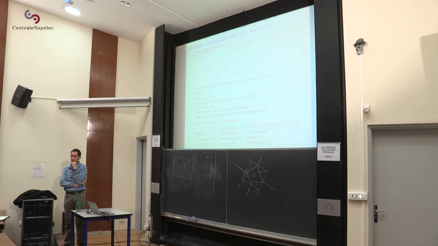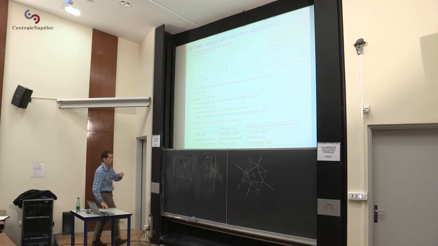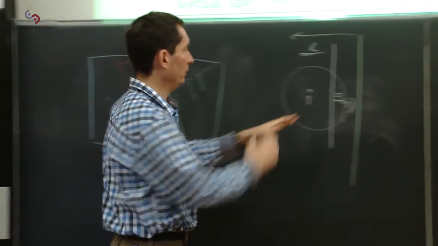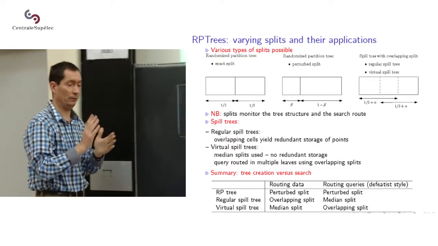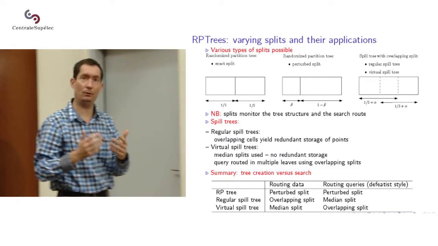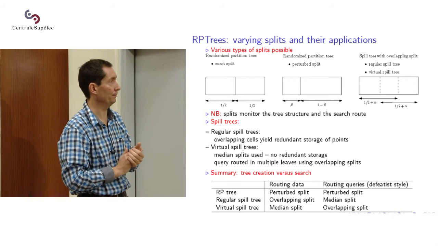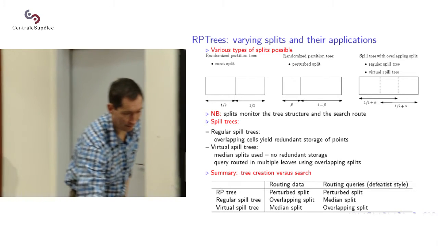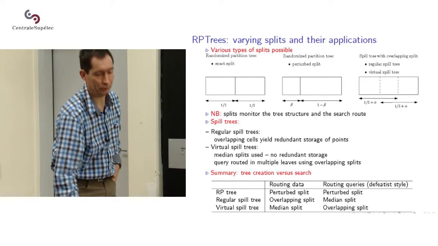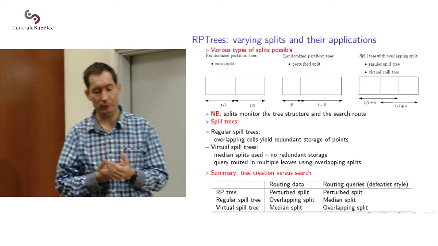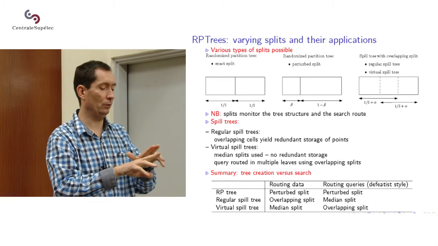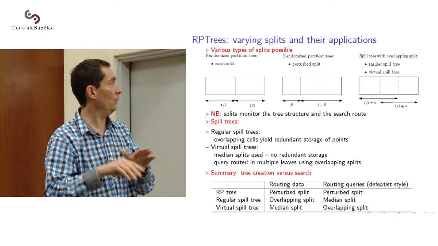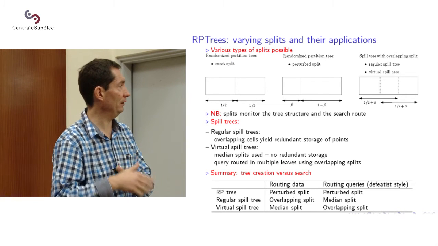Of course, we'll possibly get fooled if this situation happens, but because we are slightly shifting the median using some value beta, this is expected to happen less often. Then we have the regular and virtual split trees. For the regular split trees, the redundancy is used when building the tree and not when running the query. And for virtual split trees, it's the opposite.